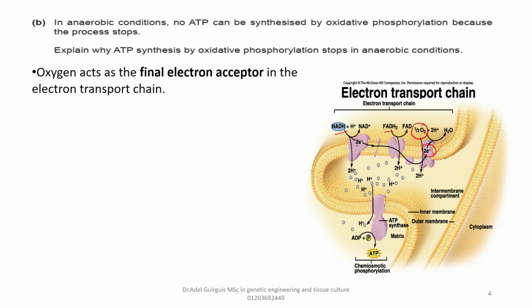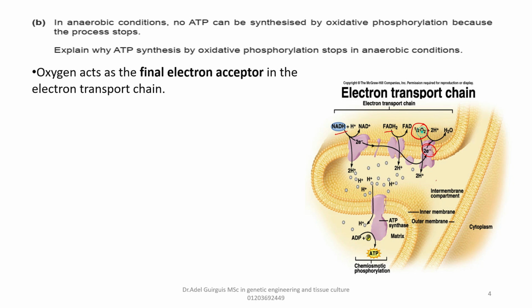How? By passing these electrons through electron carriers within the membrane. During this process, what would happen? Step by step, electrons release excess energy. This energy is used to pump protons, from FADH2 and NADH, towards the intermembrane space.